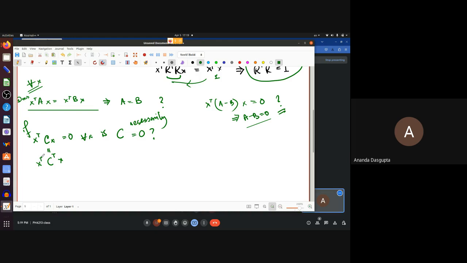So one thing you can immediately see: if C is antisymmetric, then this number will become its own negative. Is that clear? So if C is antisymmetric, it is not necessarily 0.